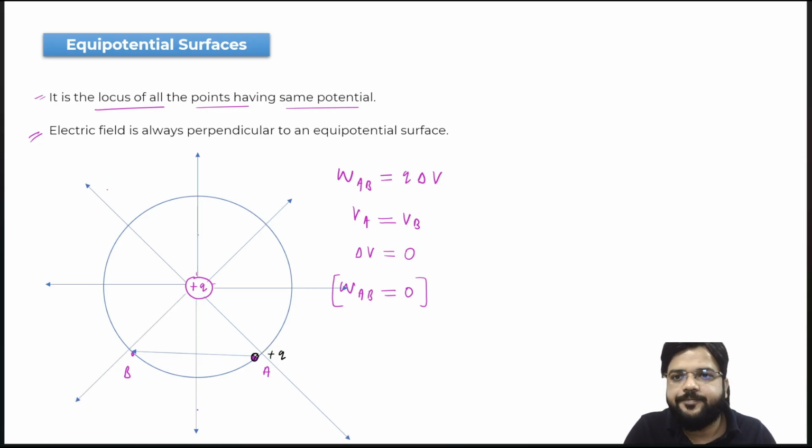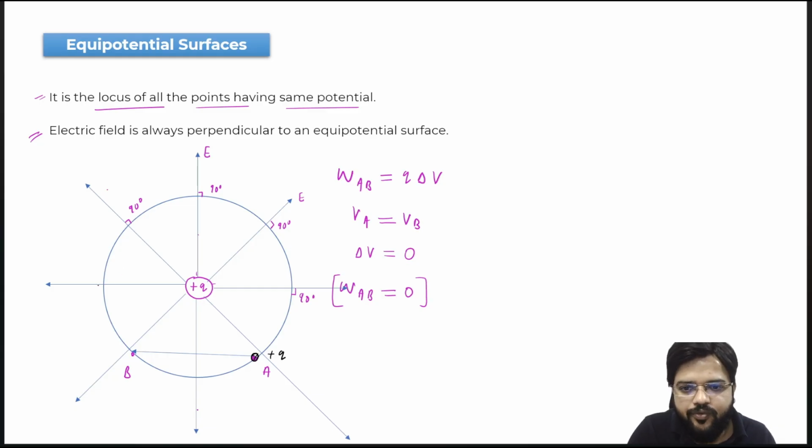So if you look here, electric field lines and equipotential surface intersect at 90°. Here also something is happening. This is the electric field and this is the equipotential surface. So here the angle between this equipotential surface and this electric field is 90°. And this thing happens always, everyone.